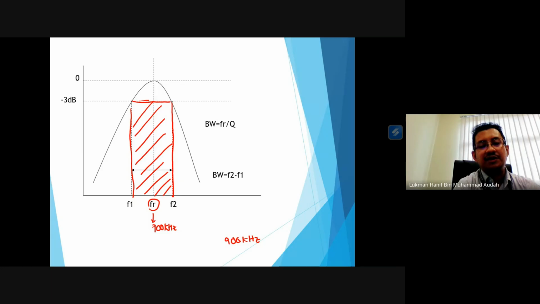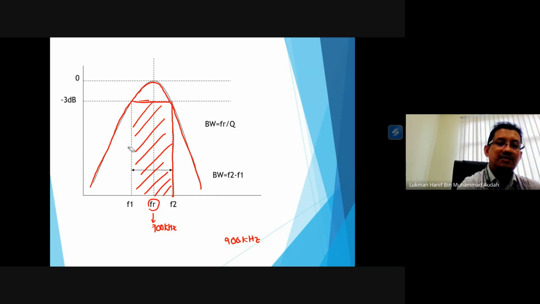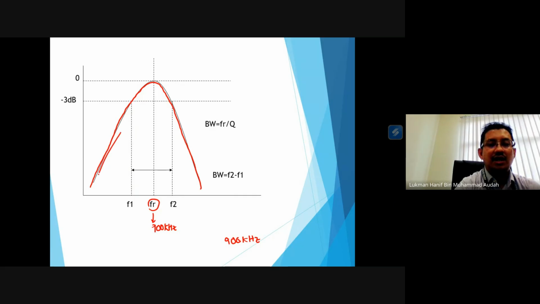However, in the real world, the scenario is not like that. In the practical case, the response curve looks like this, which means we are actually selecting a larger bandwidth.